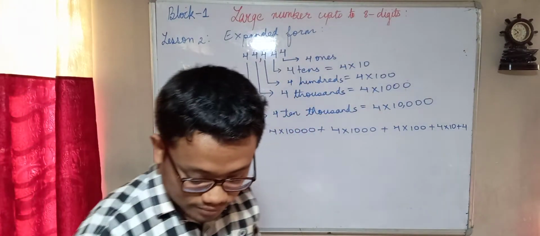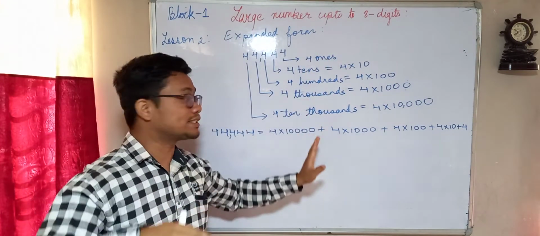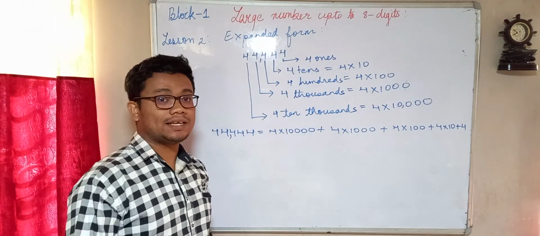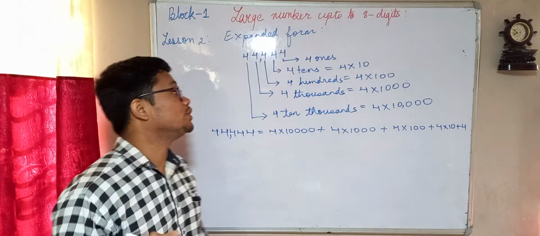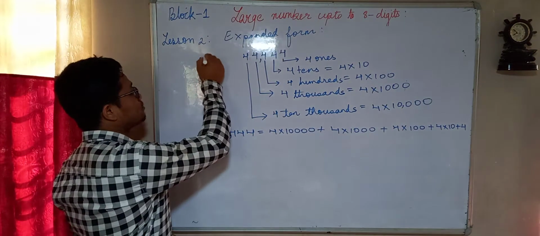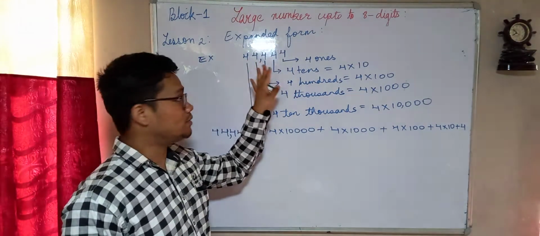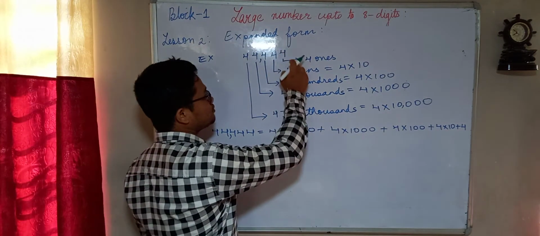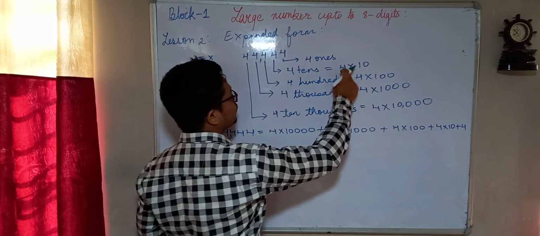Now let us discuss this, and also how big the money is that I have inscribed in that check. First, let us discuss a smaller example, like 44444. That means there are 5-digit numbers. The first 4 will be 4 ones, the second digit will be 4 tens, means 4 into 10.